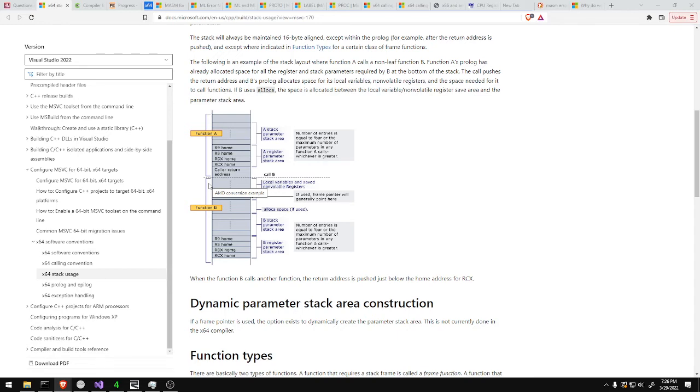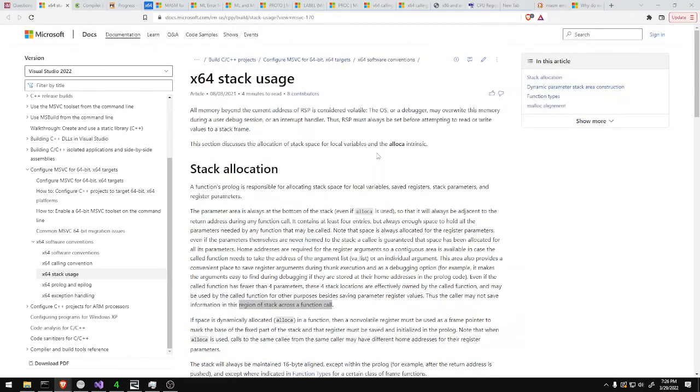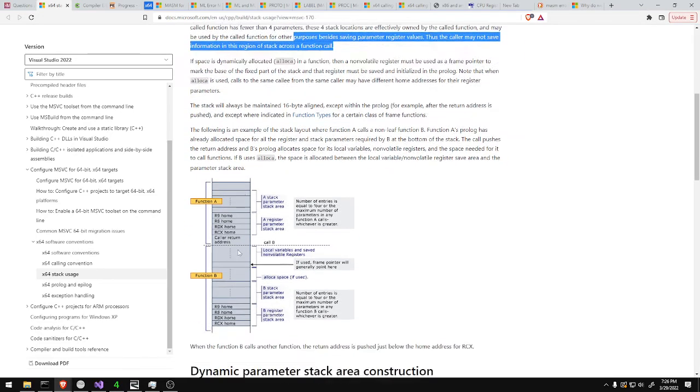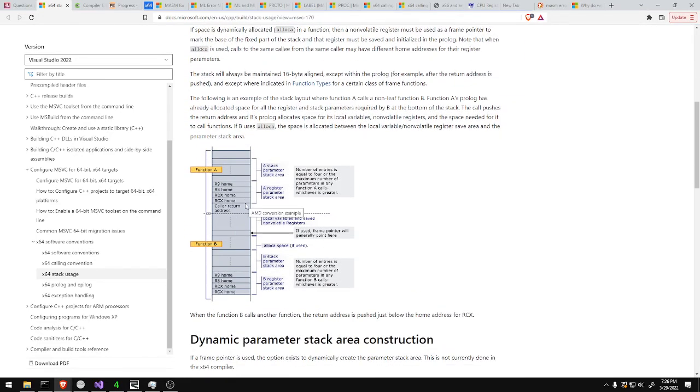And then it said up here that the space can be used by the callee for anything. So we're guaranteed by the ABI that the space is there, but not that it contains the values of our first four parameters, if we even have four. Even if we don't have four parameters, these are always there.